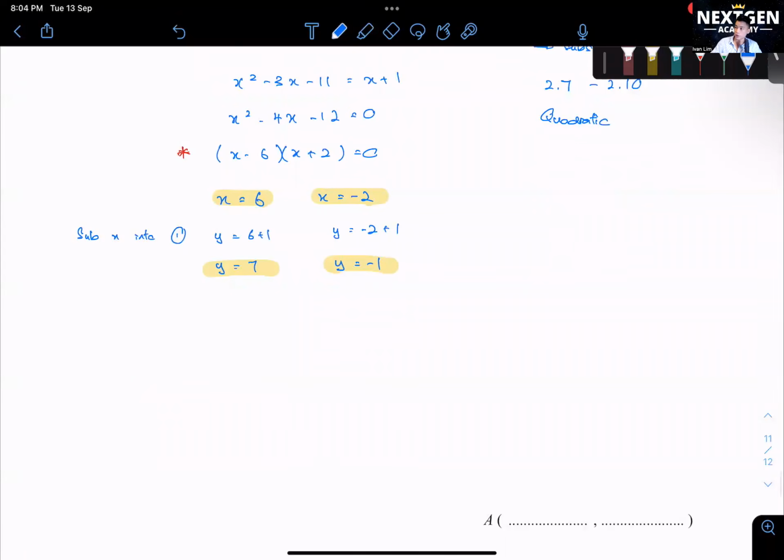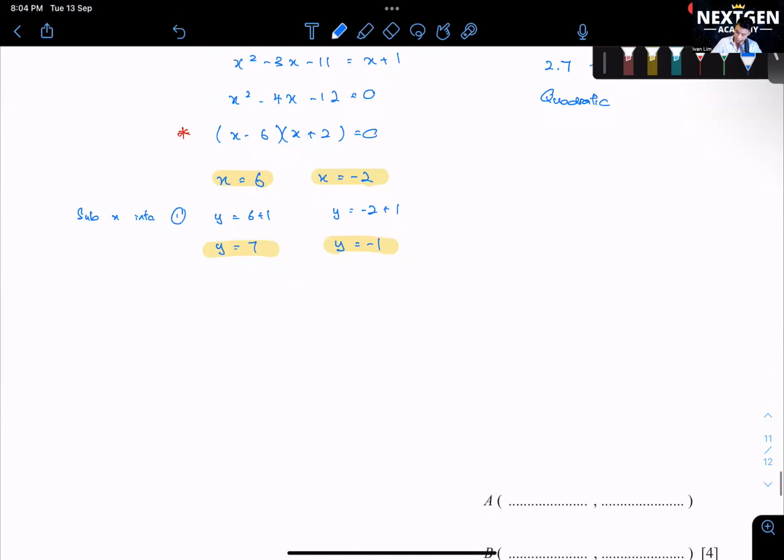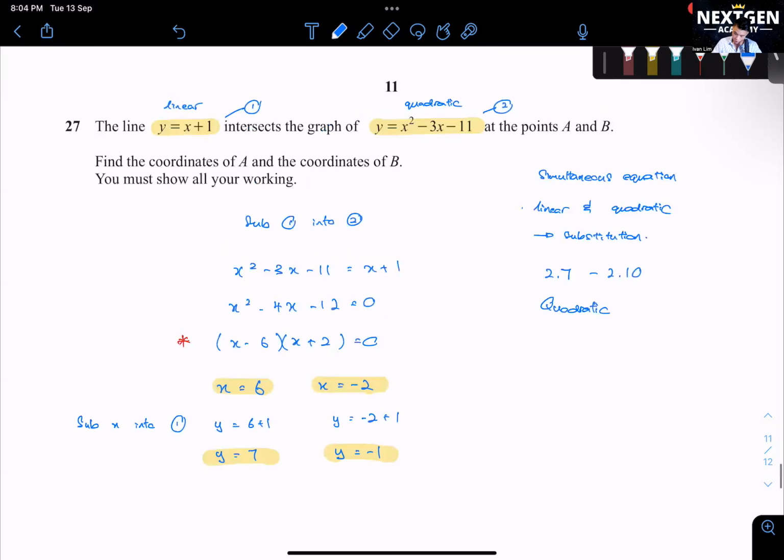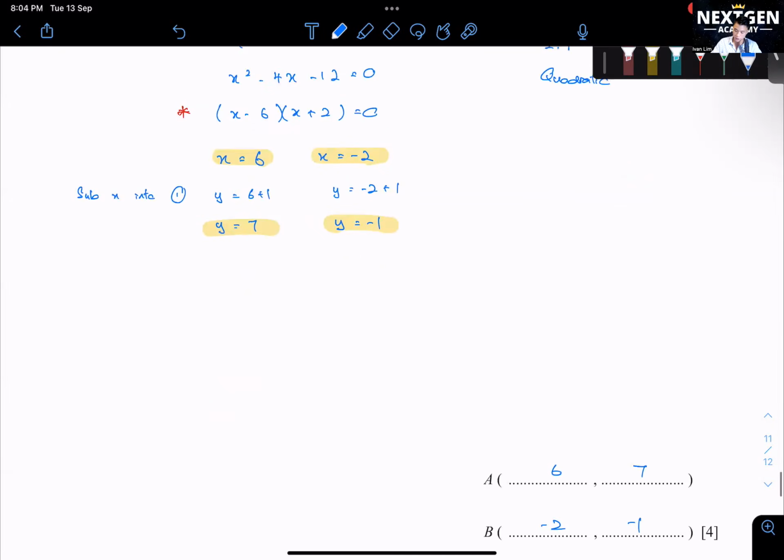Make sure you put them in the correct pair. So A we can say is (6, 7), B is (negative 2, negative 1). Did they say which one must be smaller or bigger? They never say. So you can put it the other way around also: (negative 2, negative 1), then (6, 7) also can.